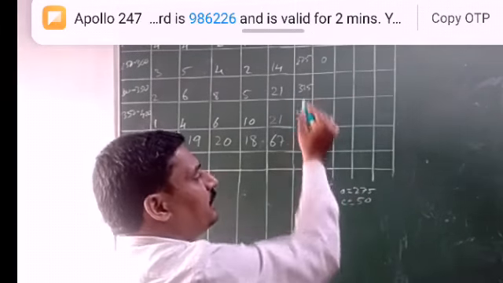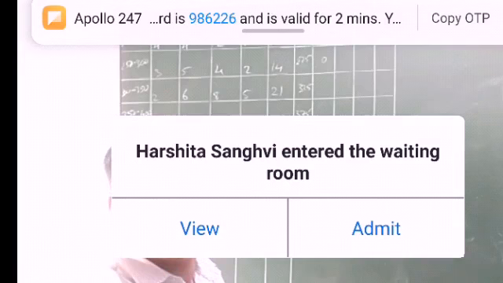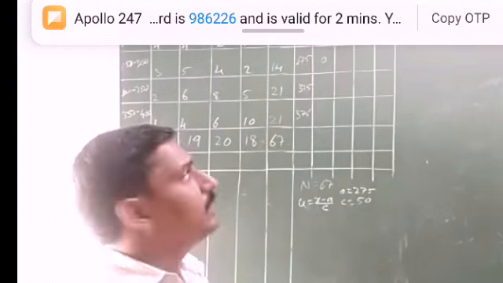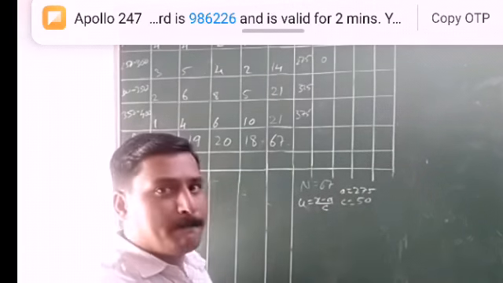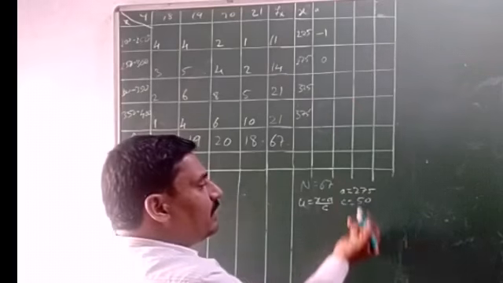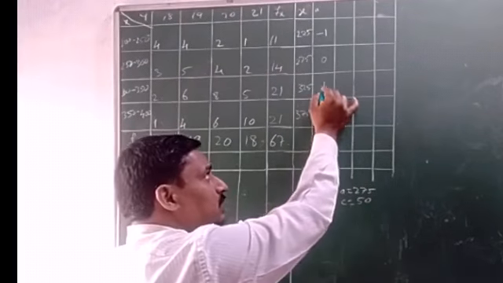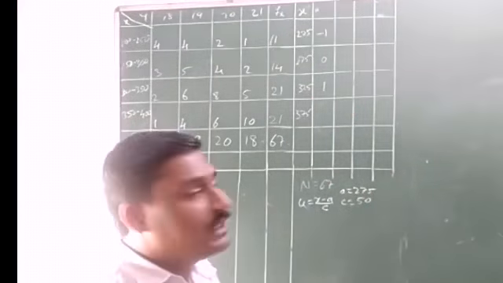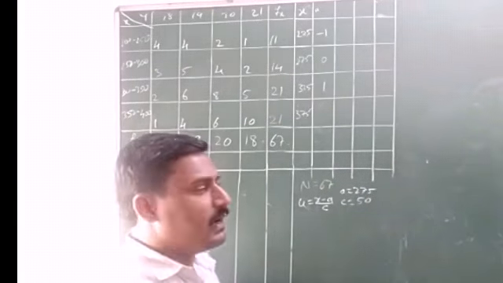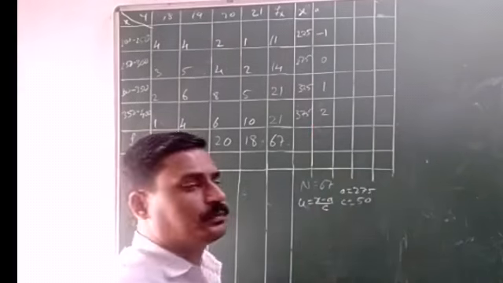Then 325 minus 275 is plus 50, divided by 50 is plus 1. Then 375 minus 275 is 100, divided by 50 is 2.